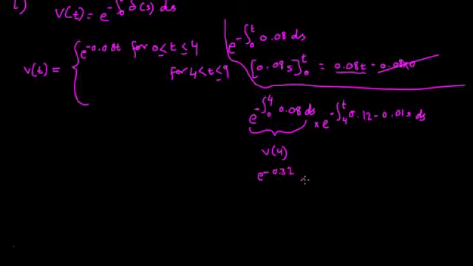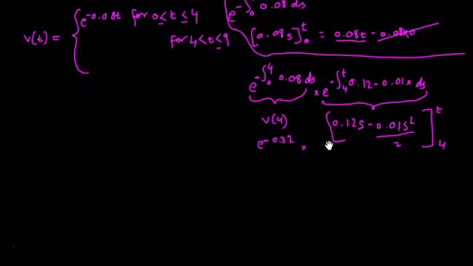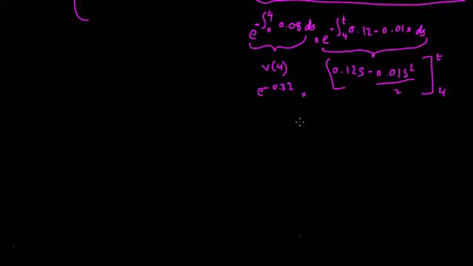Then we multiply that by this bit over here. What is the integral of all of this? It is 0.12 s minus 0.01 s squared divided by 2, within the limits 4 and t. Now let's find out what that becomes.